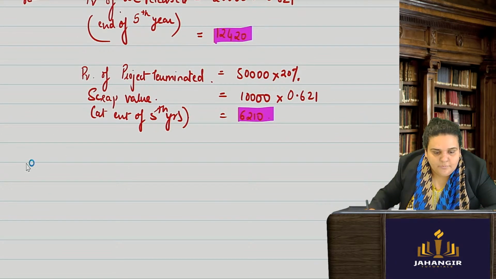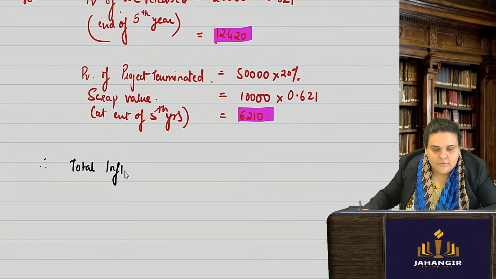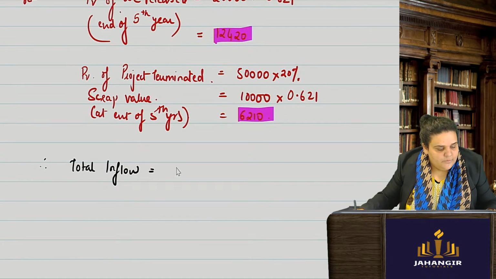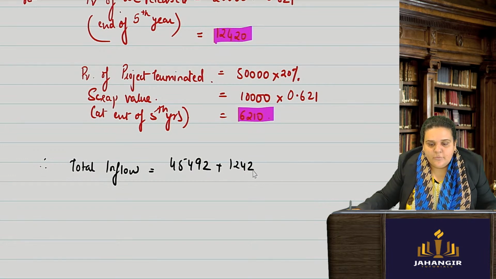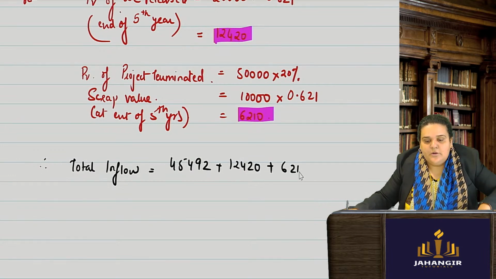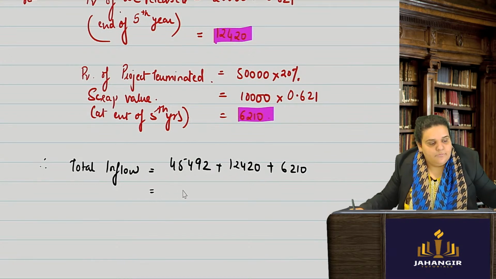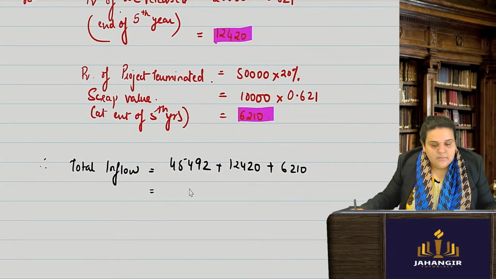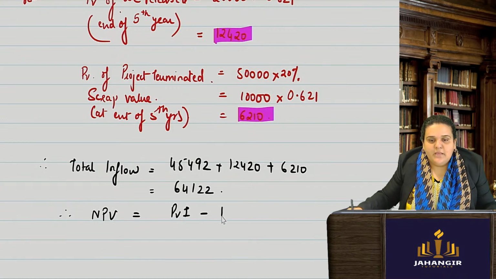Therefore, total inflow will be equal to 45,492 plus 12,420 plus 6,210. That will come to 64,122.